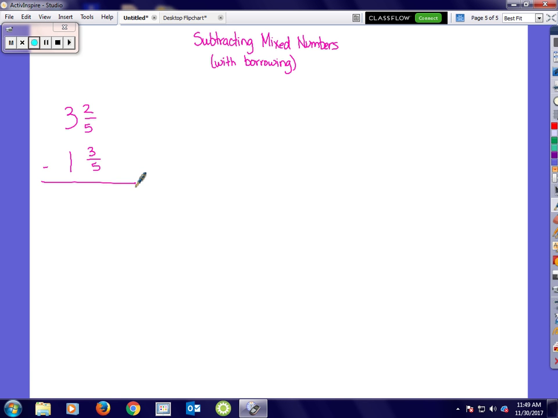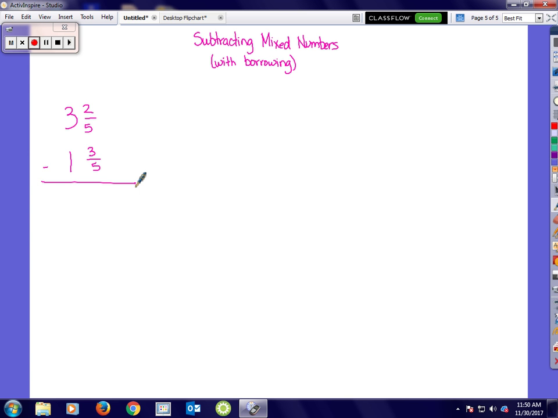This is once again why we always start with a fraction, because even though our 2/5 is smaller than our 3/5, our number on top is still larger as a whole because our whole number is larger. So we need to borrow from that whole number to make an improper fraction.